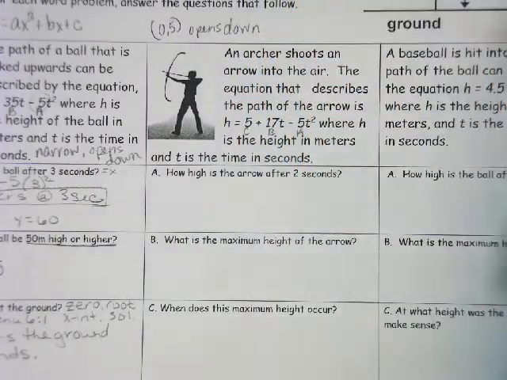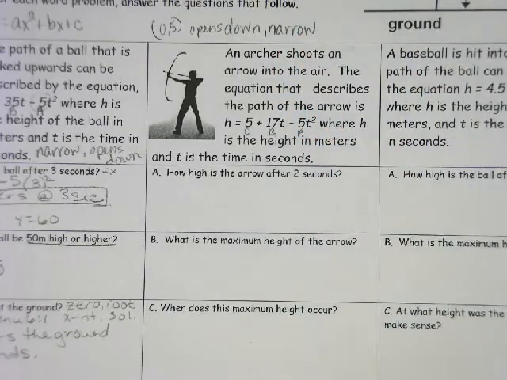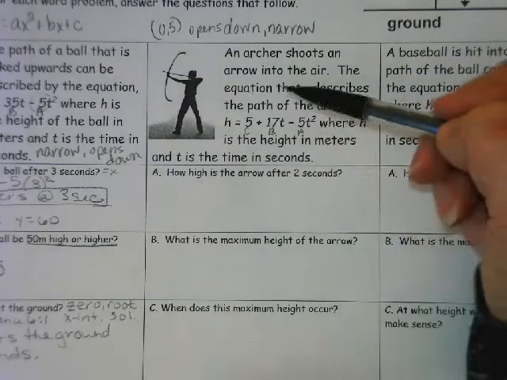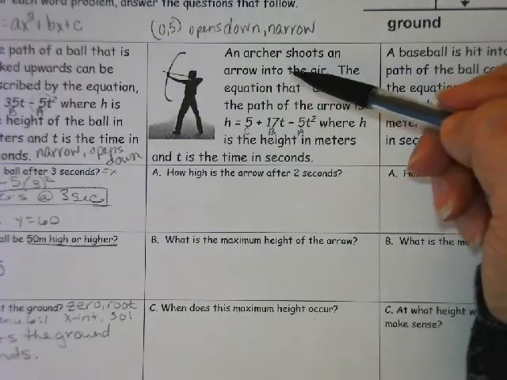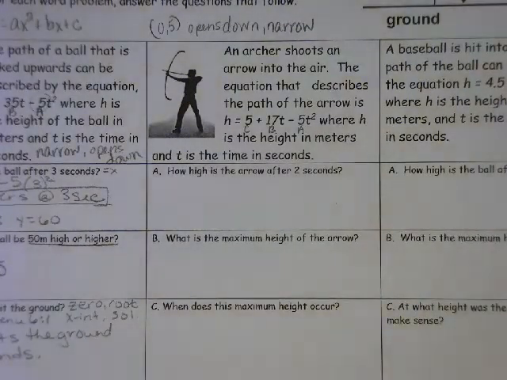Narrow or wide? It is narrow. So this is going to be a we do, as in we at your table. I would like you to work and come up with these 4 answers, and then we'll come back together, and then this last one is going to be a you do on your own. So take a few moments here and see what you get.